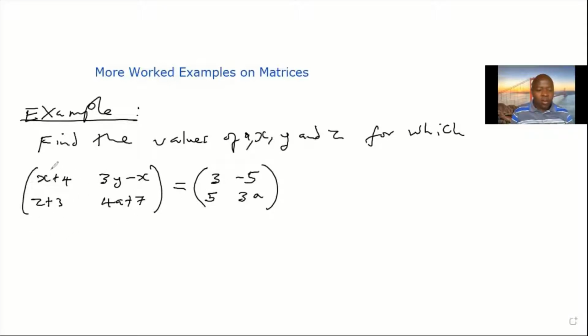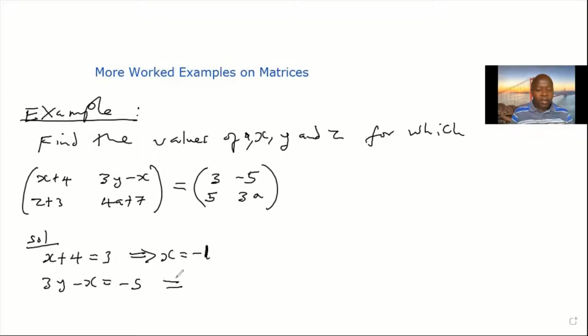Now, they will be equal if this first element, x plus 4, is equal to 3. So if x plus 4 equals 3, then x will be negative 1, as 4 crosses the equal sign. The matrices will also be equal if the second element, 3y minus x, is equal to negative 5.